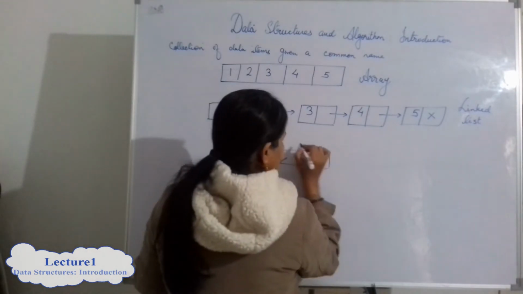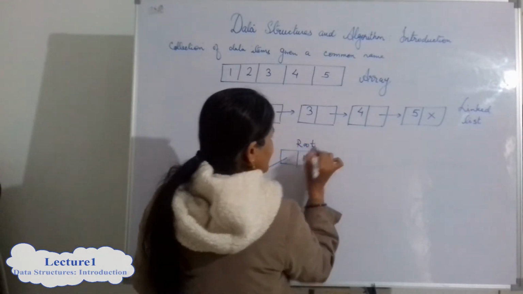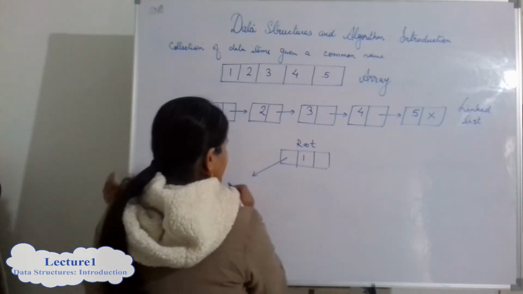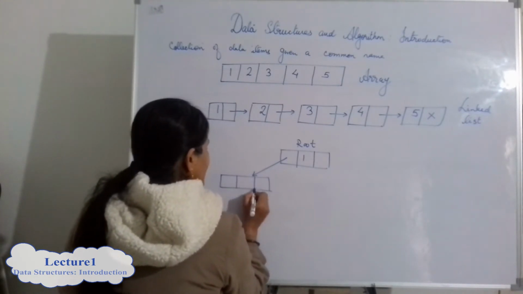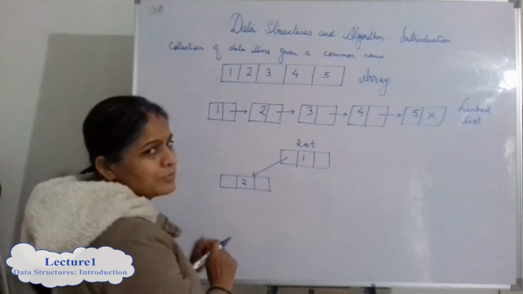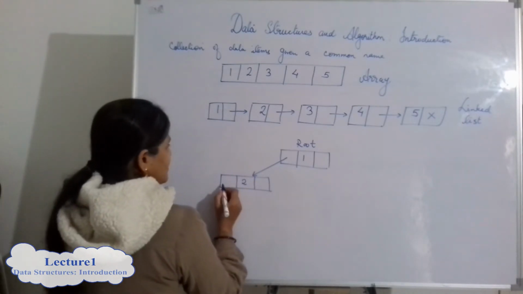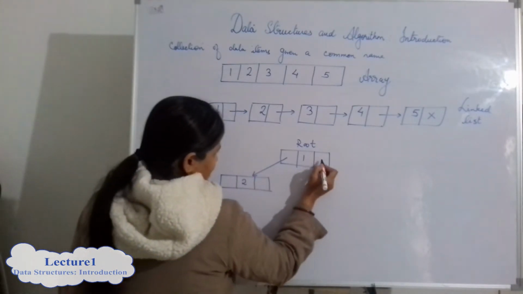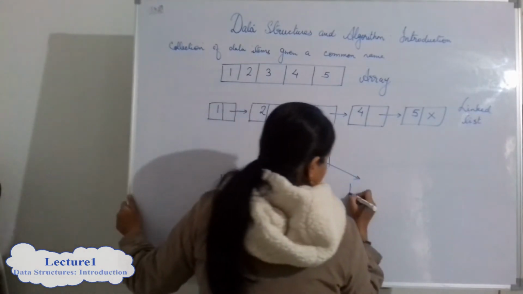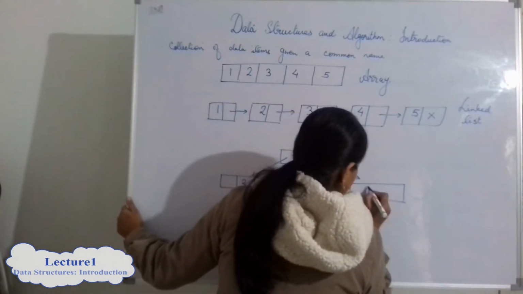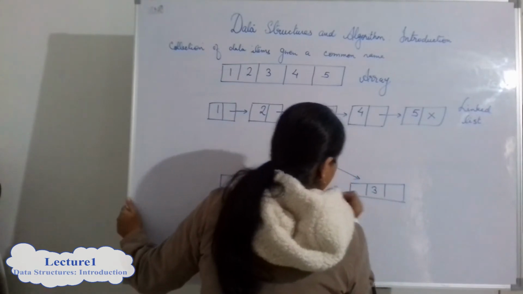This is called root. Initial node is called root, and the left pointer points to the next element, that is 2. Okay. Right pointer points to another element of the list, that is 3.